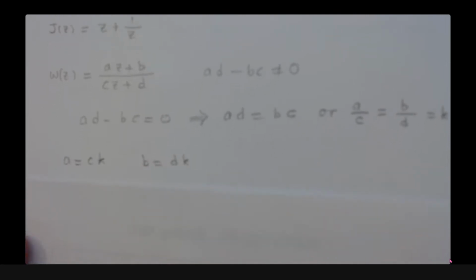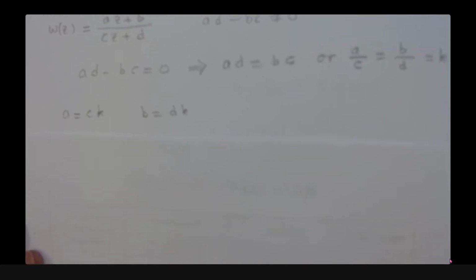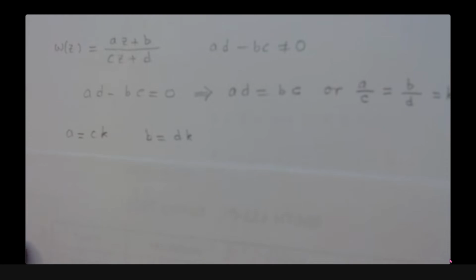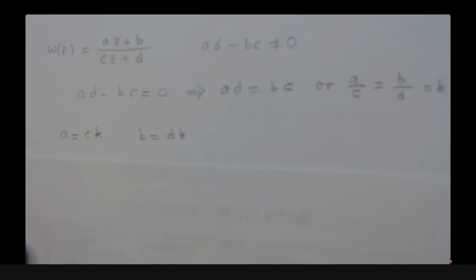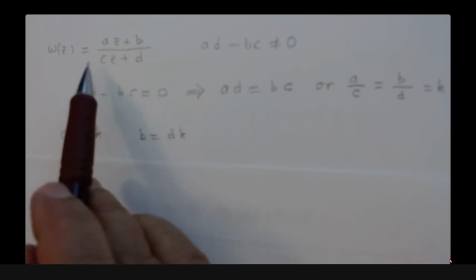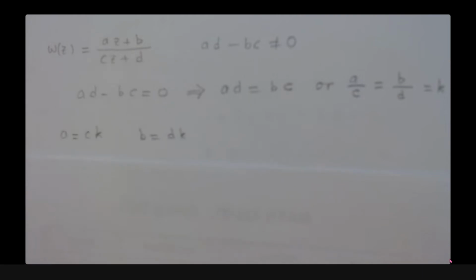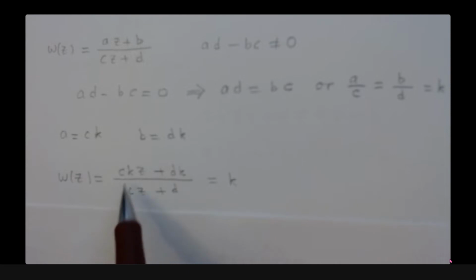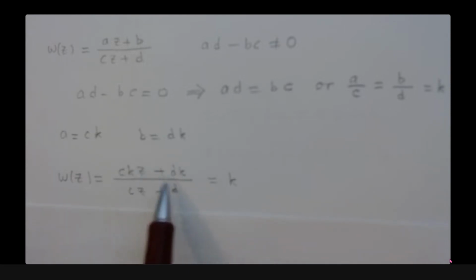And if you replace it in that W of Z, or this linear fractional transformation, this is what you get. So if you factor K, numerator will be CZ plus D, and CZ plus D cancels out. You will get a constant.